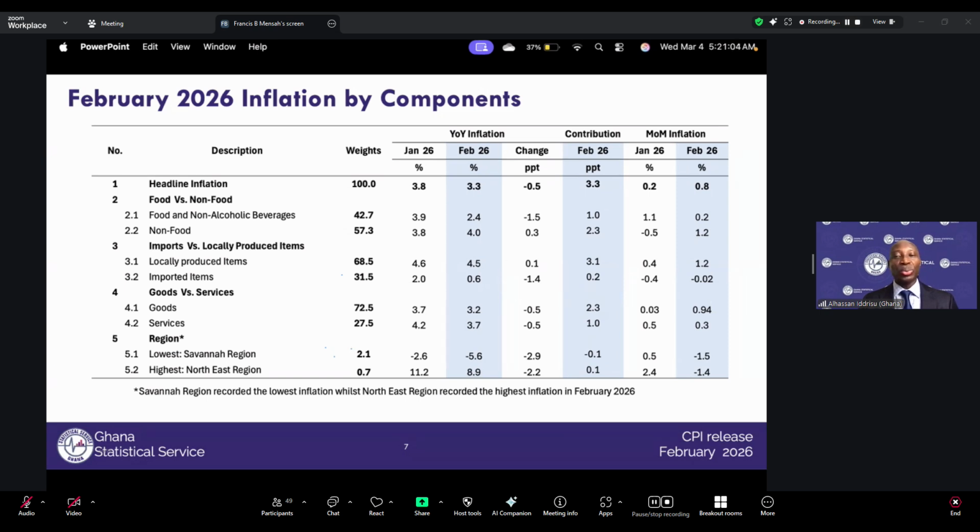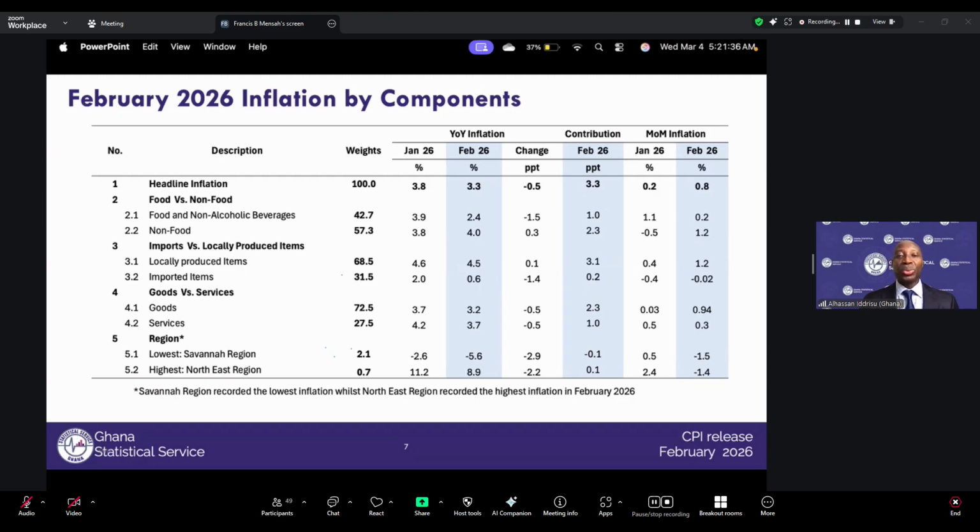Now let's shift to regional dynamics. The data shows clearly, as we have reported in the past, that inflation is not uniform across the country. The latest inflation figures we have show that the Northeast region recorded the highest year-on-year inflation at 8.9% in February 2026, even though it is down from 11.2% in January 2026.